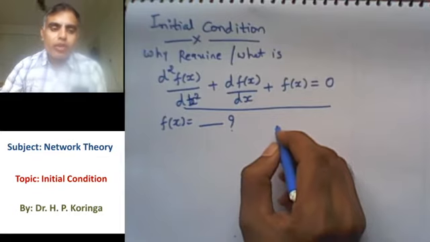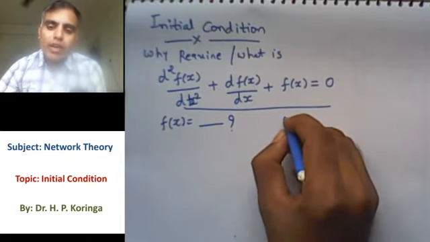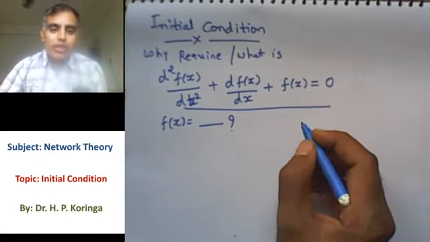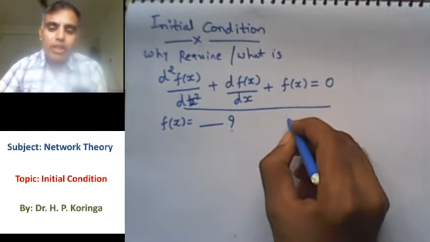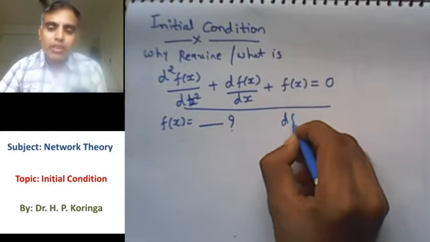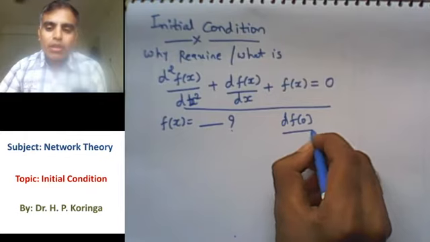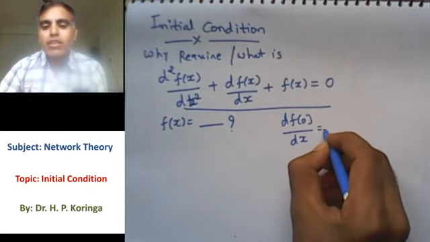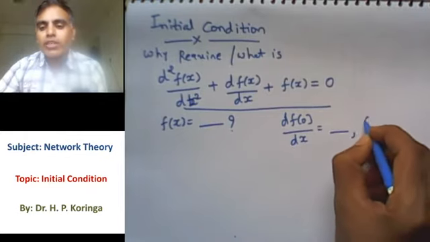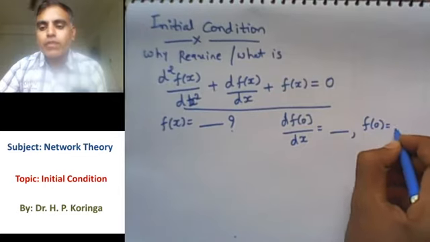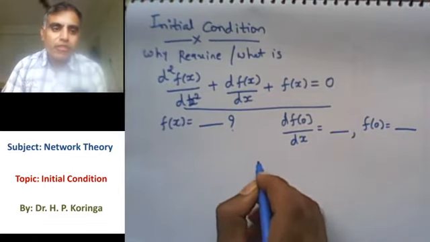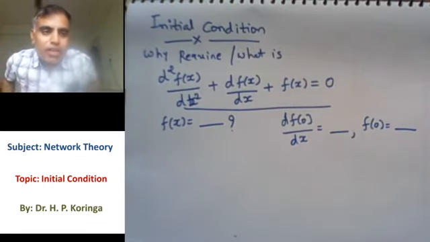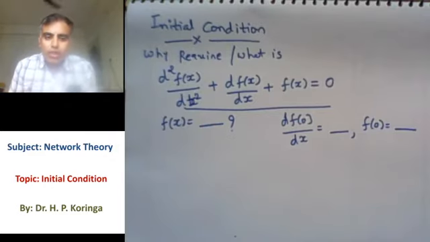So when we solve the differential equation, we require the initial conditions, right? For a second order differential equation, we require two values. One is df of 0 divided by dx, and another is f of 0. If these two values are given with the differential equation, then we can solve it.